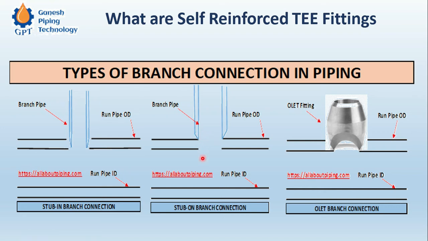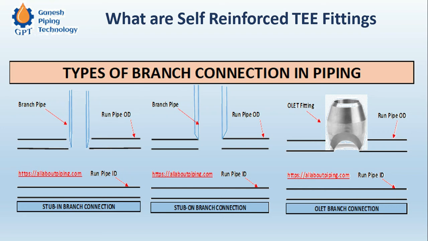Since you are drilling a hole in the header and inserting the branch inside that, you then do the welding from here. Because of that, you don't require any external fitting like a T. So the only cost is the welding cost and the drilling cost. That is why, without any fitting, a branch connection is born, and this is called the stub T.